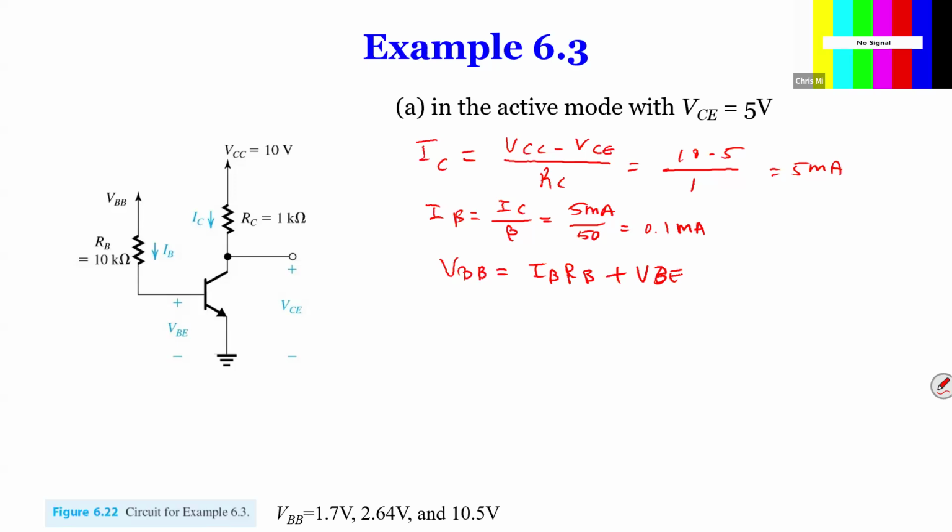I just want to point out that VBB is up there: this voltage drop plus this voltage drop, and then this ground. So it's fairly simple. IB is 0.1 times RB is 10K, plus VBE is 0.7, which was given from the previous slide. So we have 1.7 volts.